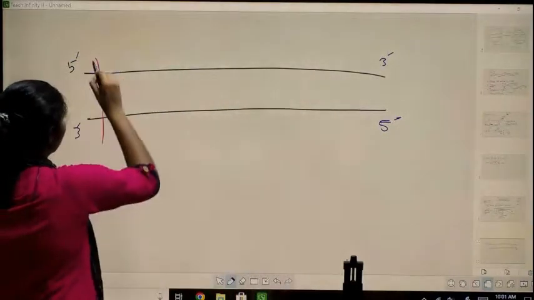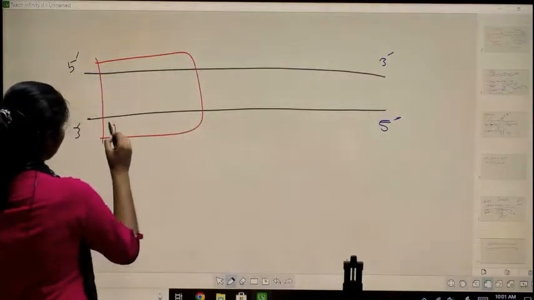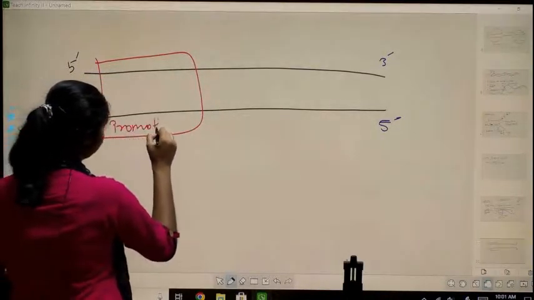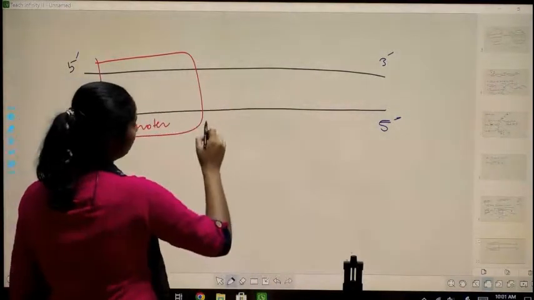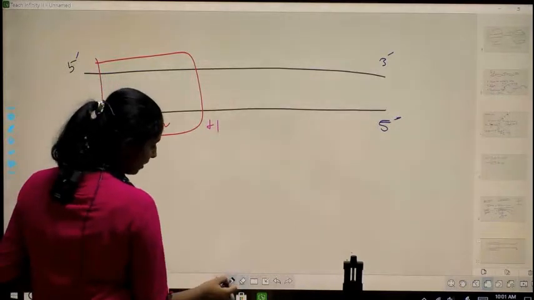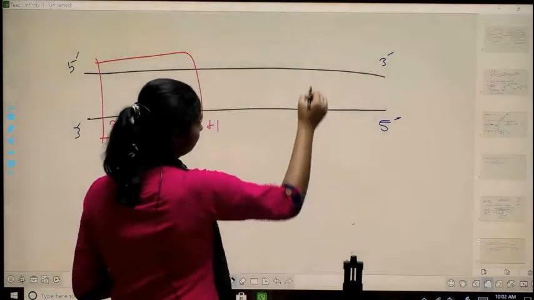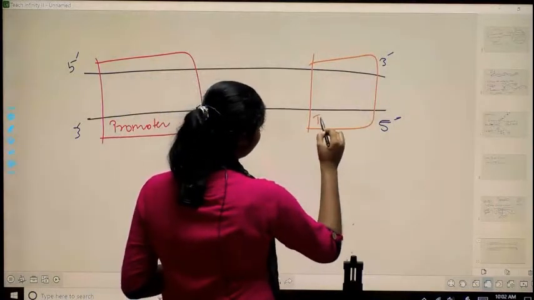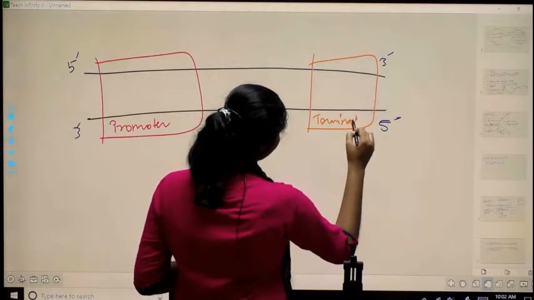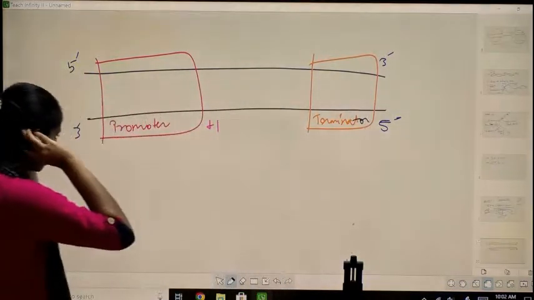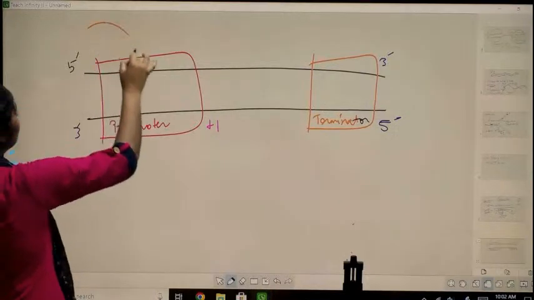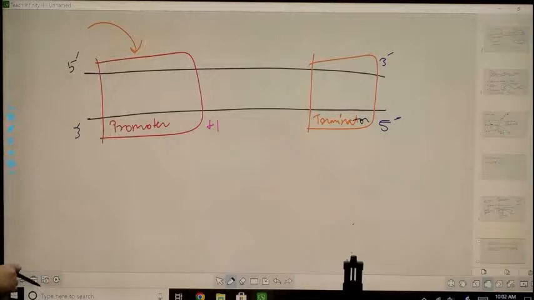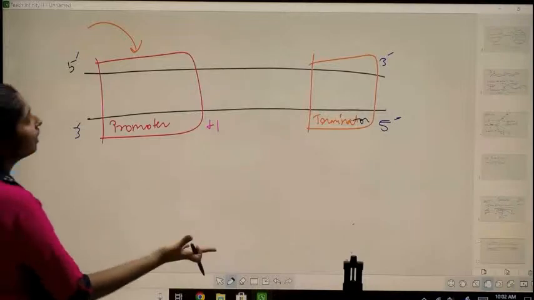We have a promoter region, then the structural gene, and then a terminator. So what is the role of the promoter region? The promoter region helps to bind the enzyme and the transcription factors that are required for the process of transcription.